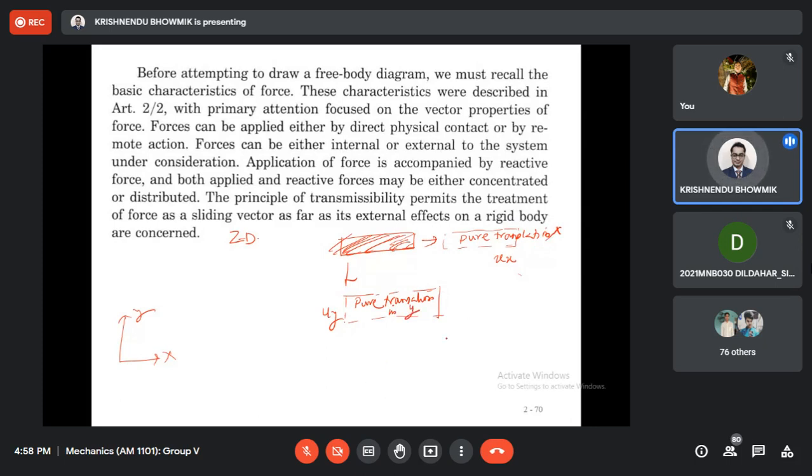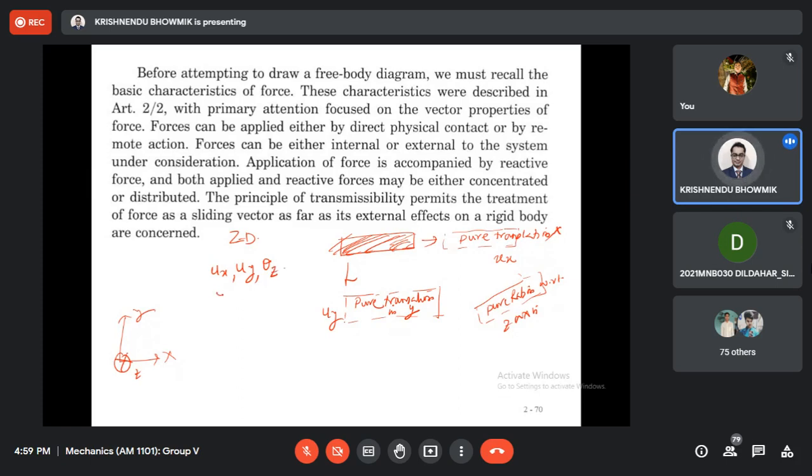Or it may have pure rotation with respect to z axis. What is z? This is z. This cross is z, perpendicular to the plane. So it may have ux, uy, and maybe we will write theta z.